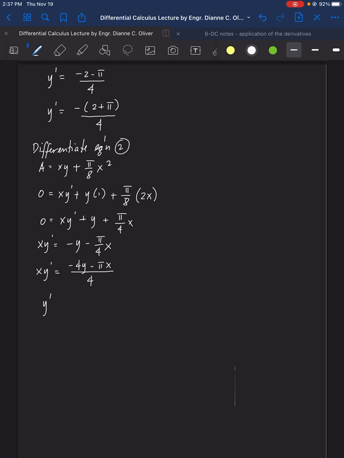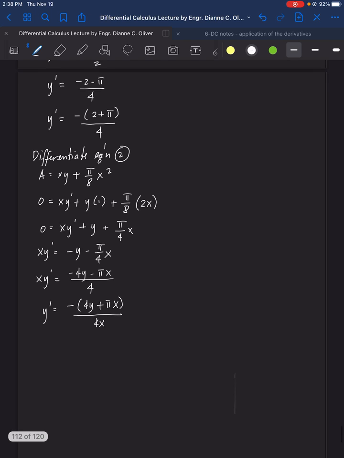Therefore, y prime is equal to negative 4y plus pi x all over 4x. So that is our y prime for the second equation.